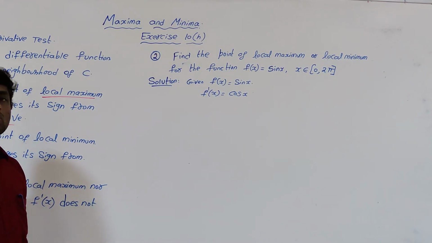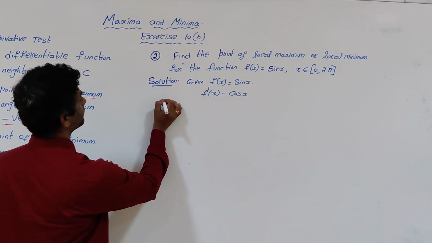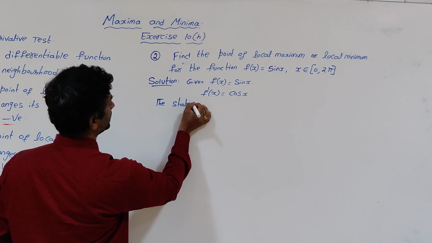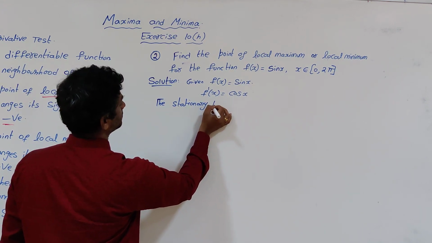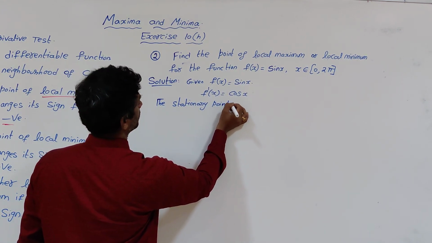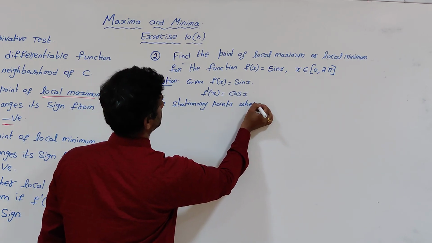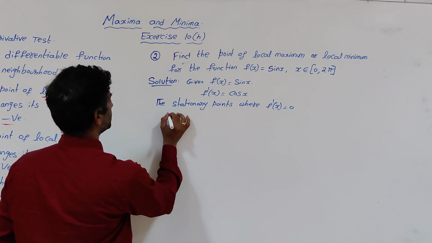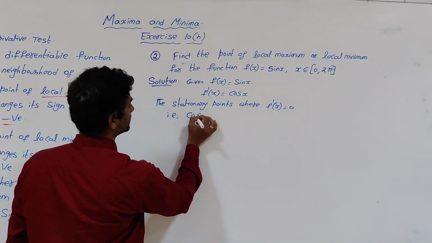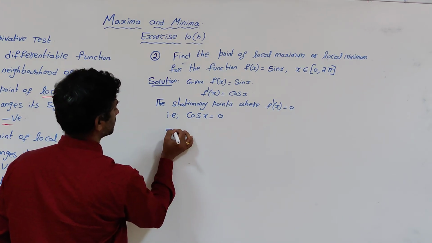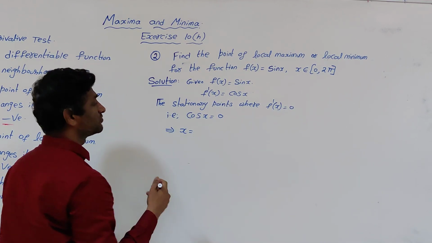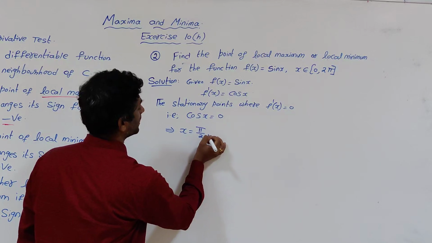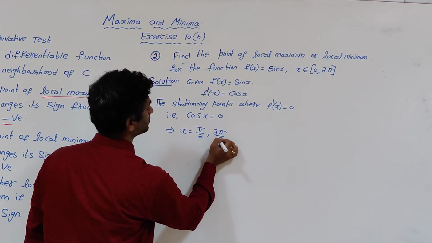Now we will try to find the stationary points, where f dash of x is 0, that is cos x is equal to 0, which implies x is equal to, for what angles it is 0, that is pi by 2 and 3 pi by 2.